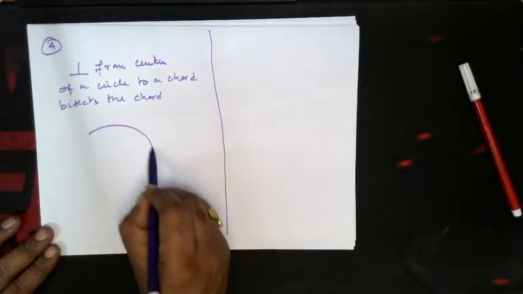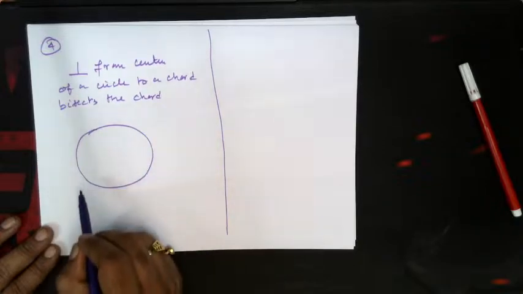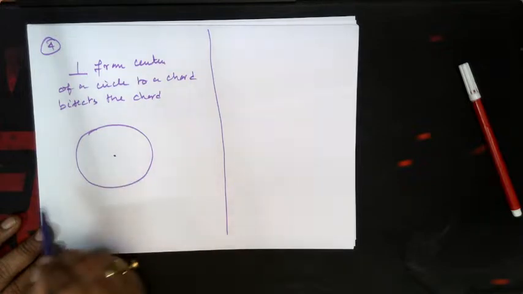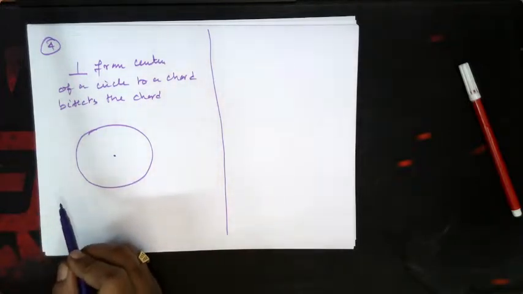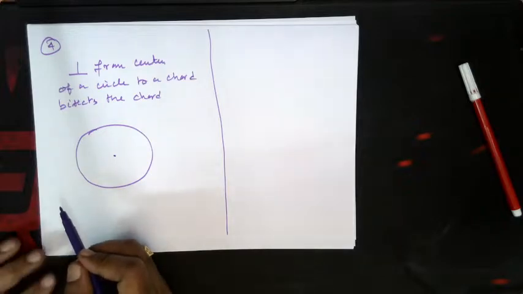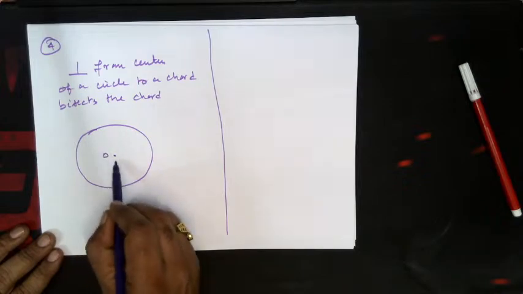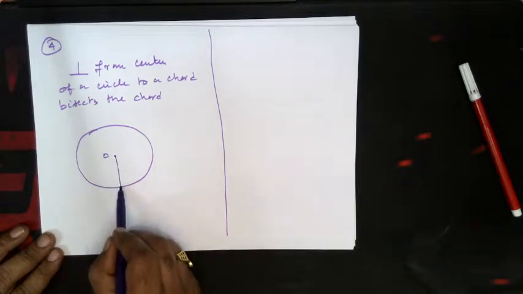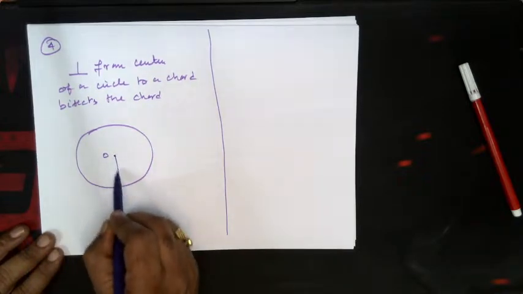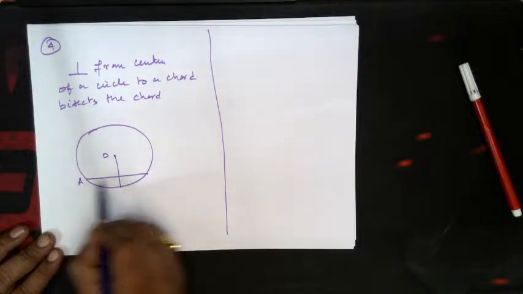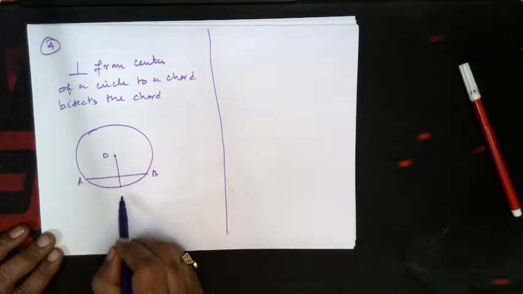Let us draw a circle, the perpendicular from the center. So the perpendicular from the center, this is O. Let me draw a perpendicular line to a chord, the chord AB, and I have drawn OE.